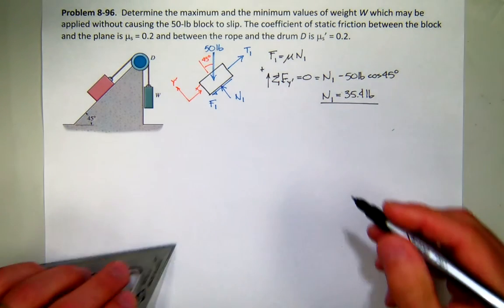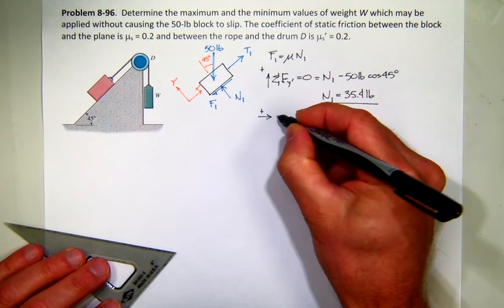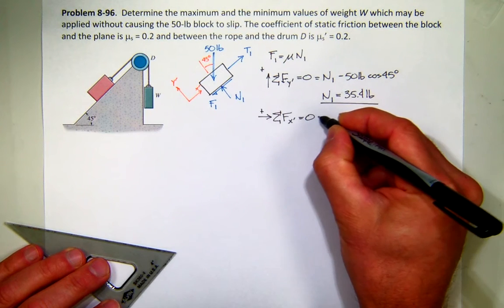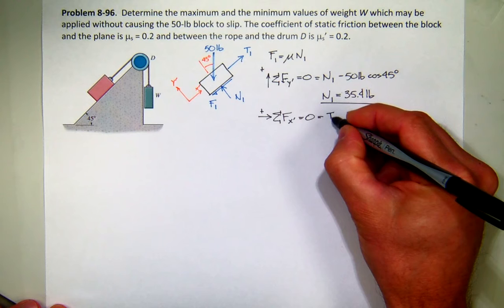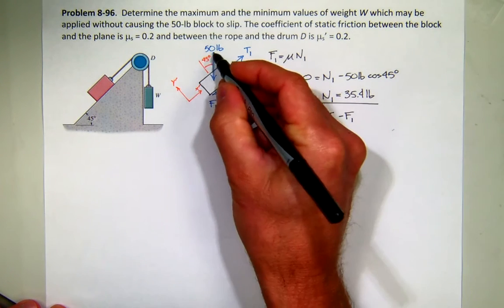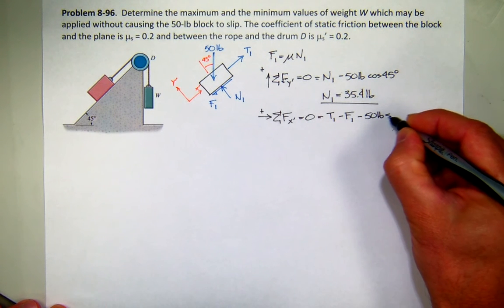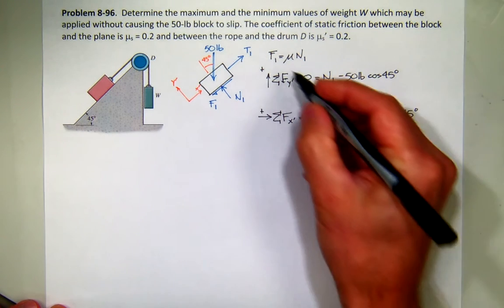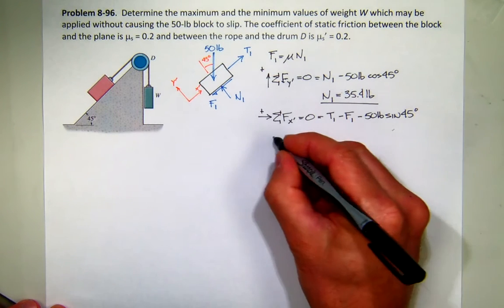So then I can sum forces in the x direction. Or actually this x prime direction, this rotated set of coordinates. And what do I have? In the x direction I have T1 minus F1, and then minus 50 pounds sine 45. Now remember, F1 is related to N1, so I should be able to solve for T1.